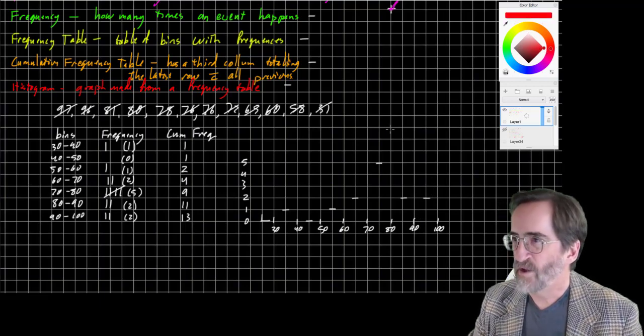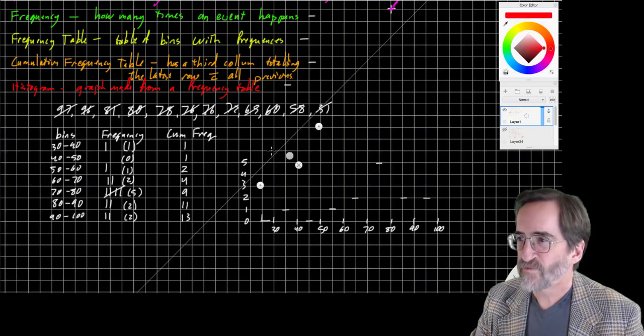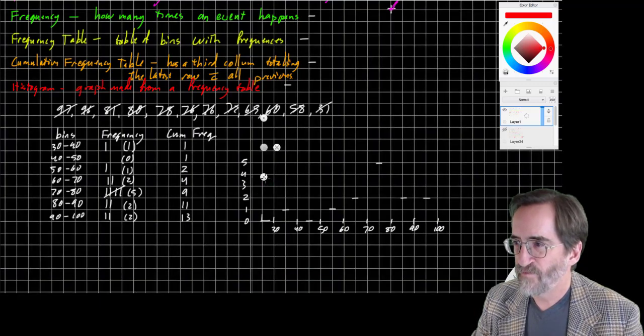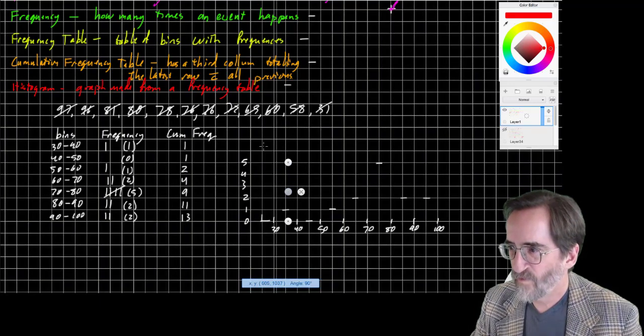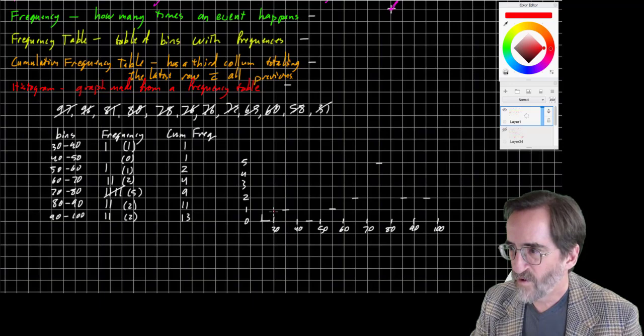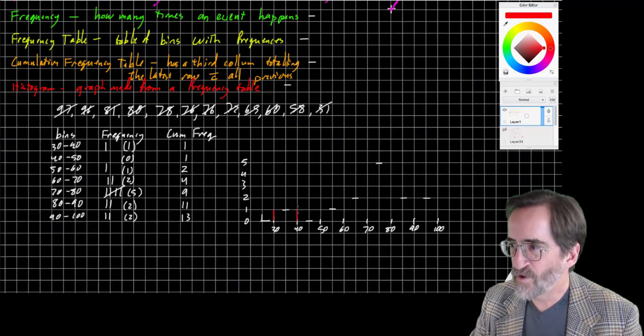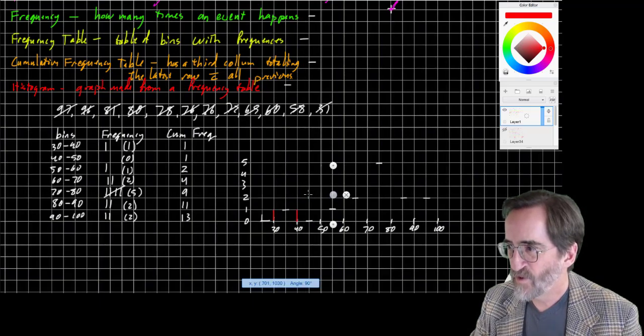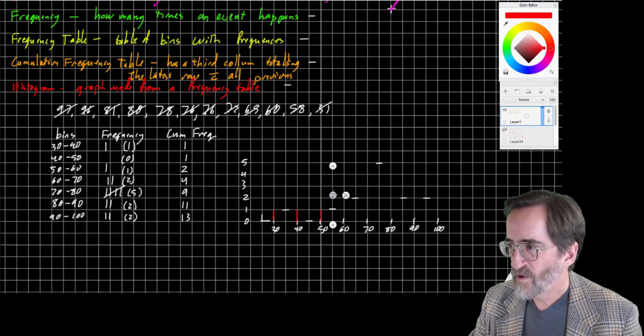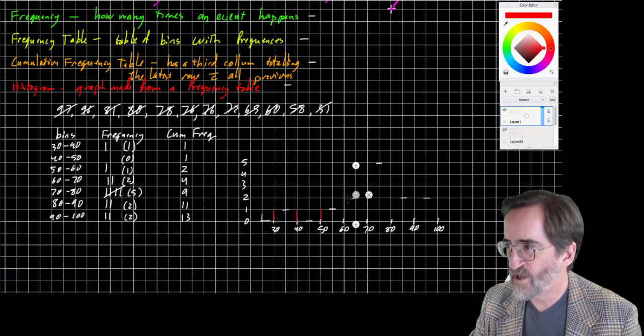Okay, and so let's do the graph, or histogram. So we've got our vertical bars. And note that there's no empty space between the bars in a histogram. Histograms are not supposed to have empty spaces.